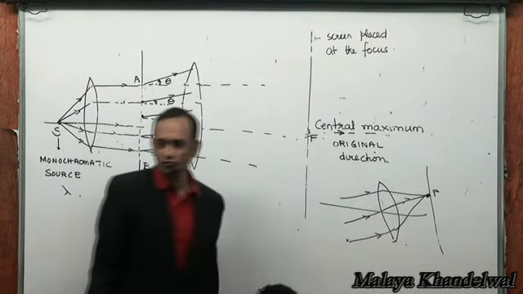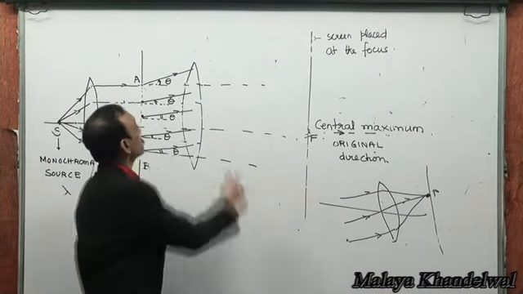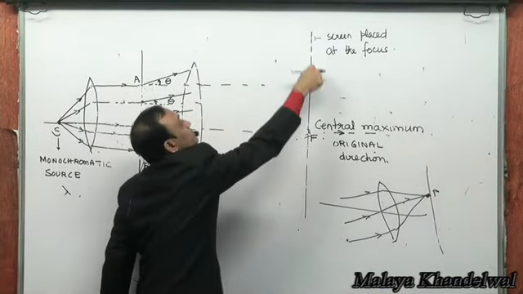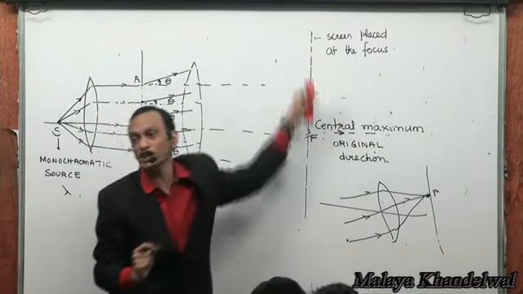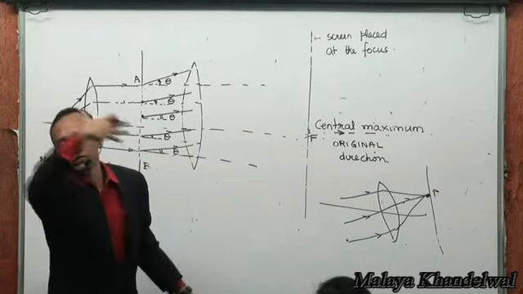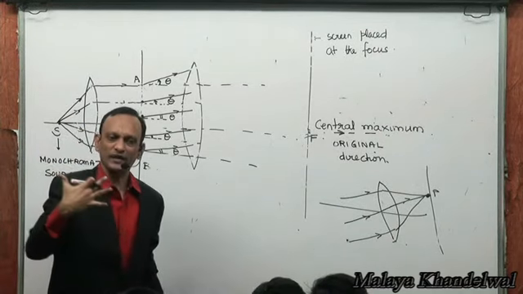P would be a point on the focal plane of the lens. That means this beam, subsequent to refraction from the lens, would get focused on the screen which lies in the focal plane of the lens.